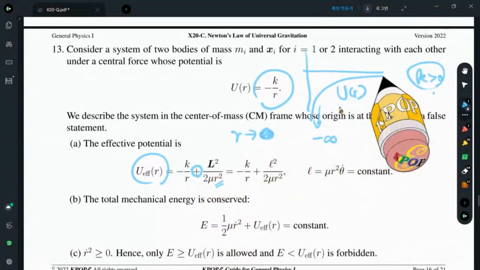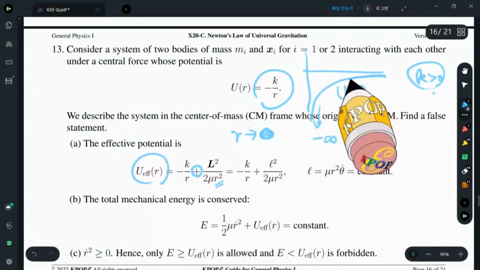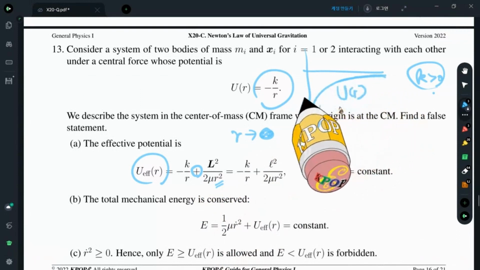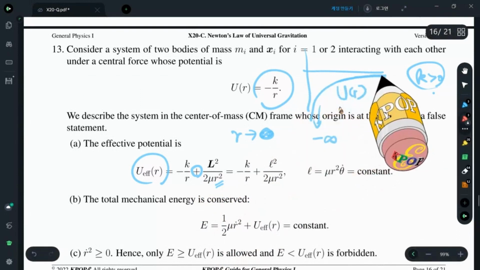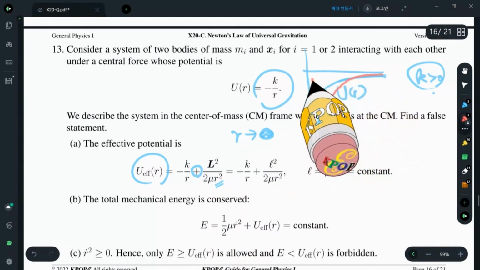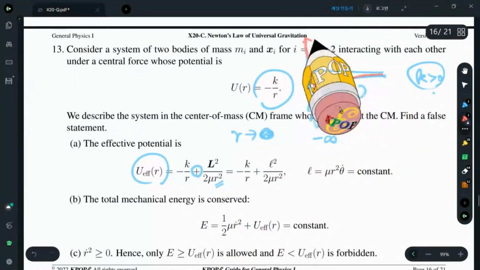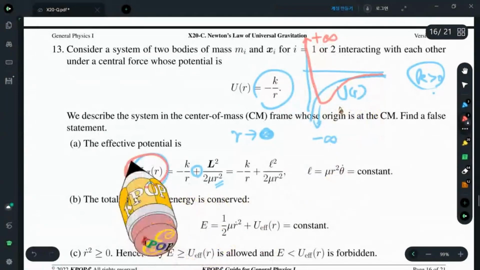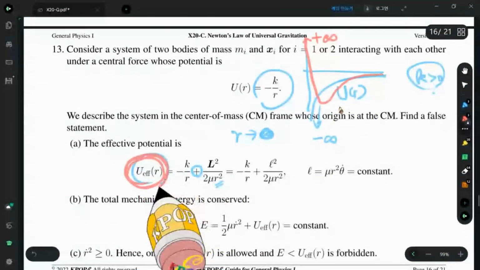So even though it is going down for a relatively large R, as it approaches 0, it suddenly rises up and goes to plus infinity if we consider the effective potential energy.